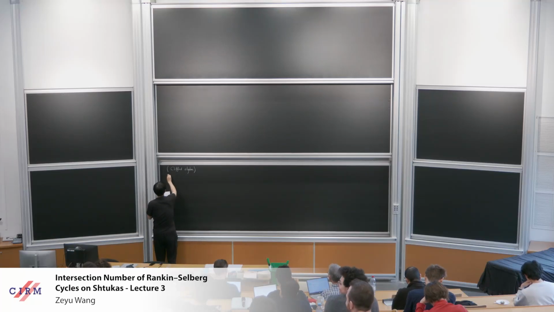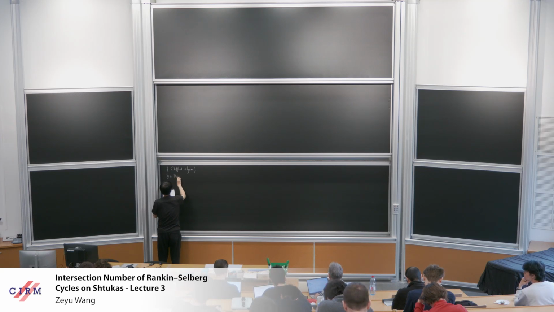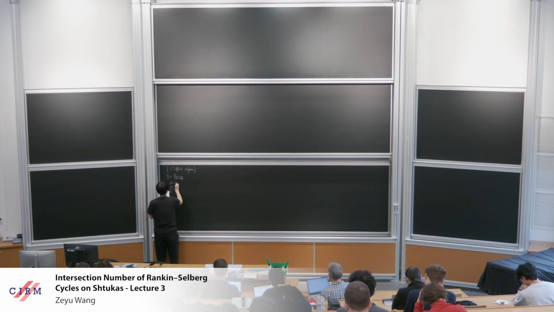Okay. So maybe let me still start from a recap. I consider this group pair G, H, with H being GL_{n-1} and G being GL_n times GL_{n-1}.